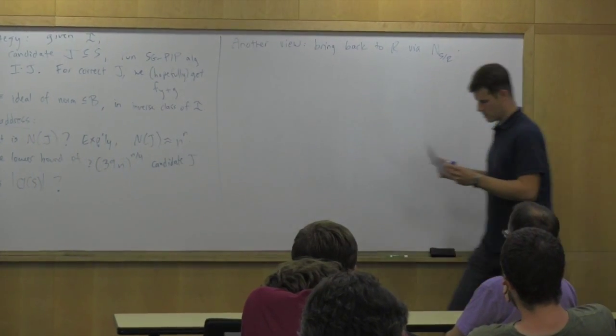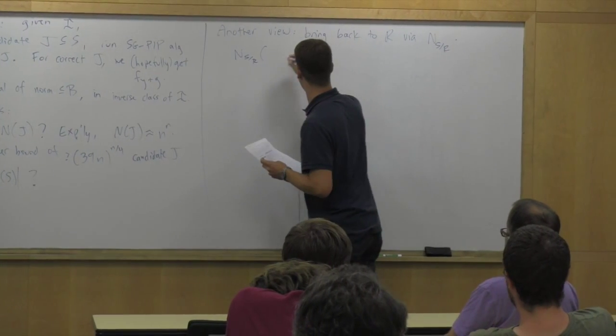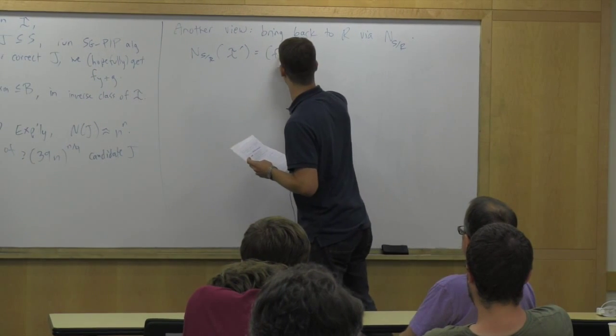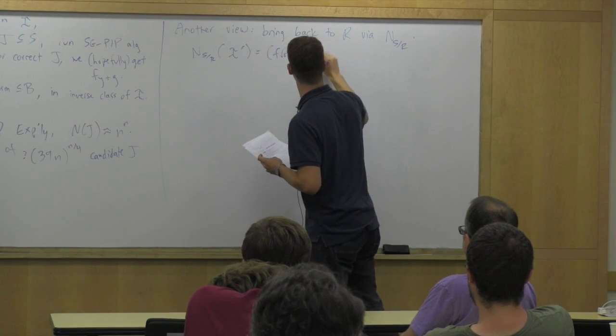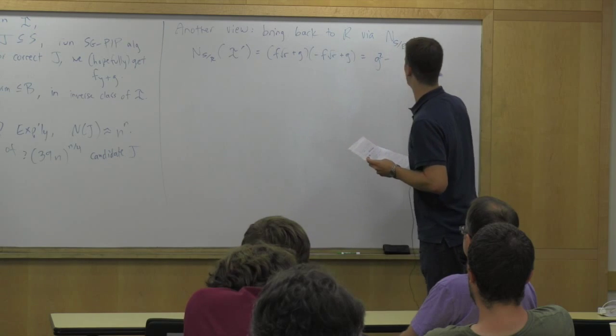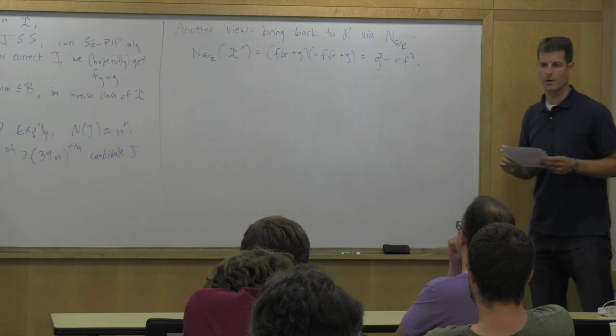So the norm S on R of I prime, we can write this out explicitly. It's F root R plus G, negative F root R plus G, that's G squared minus R F squared, okay?